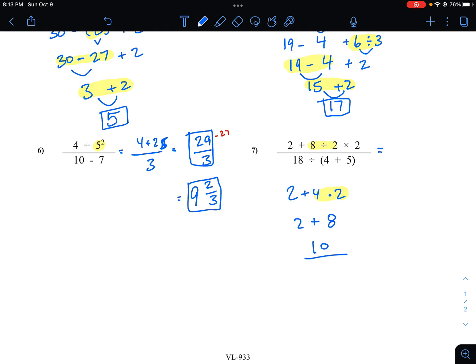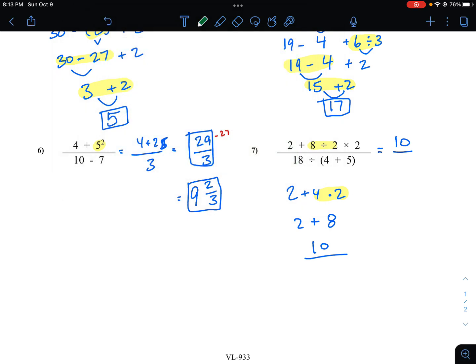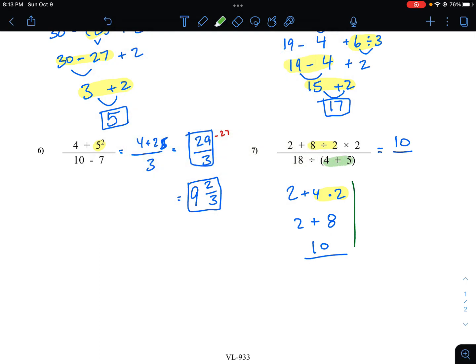So if I want to rewrite that, I put a 10 on top. On the bottom, I have 18. I have the parentheses first, which is 4 plus 5. That gets me 9, parentheses still, division symbol, and the 18.